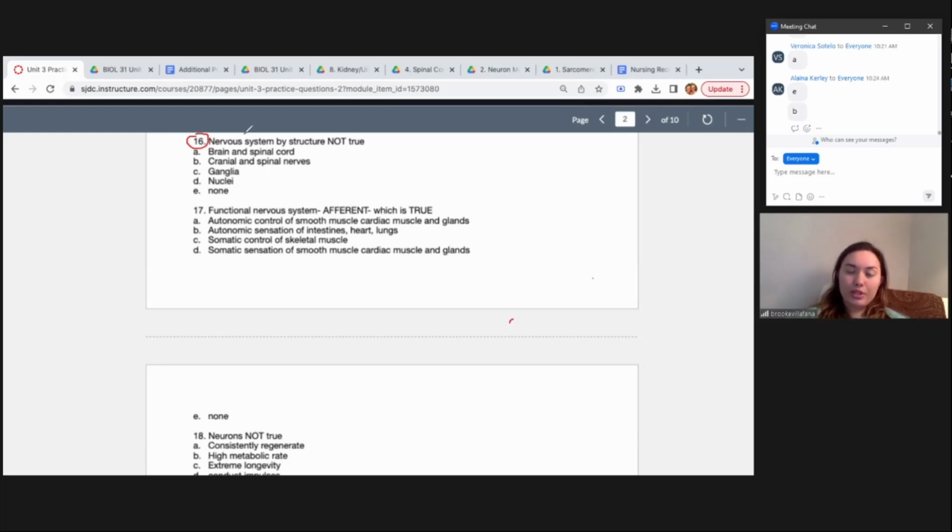Okay, let's start with question 16. Nervous system by structure. Which is not true of the nervous system by structure?